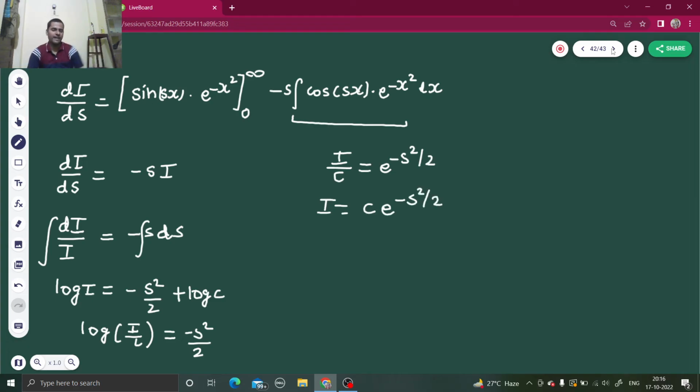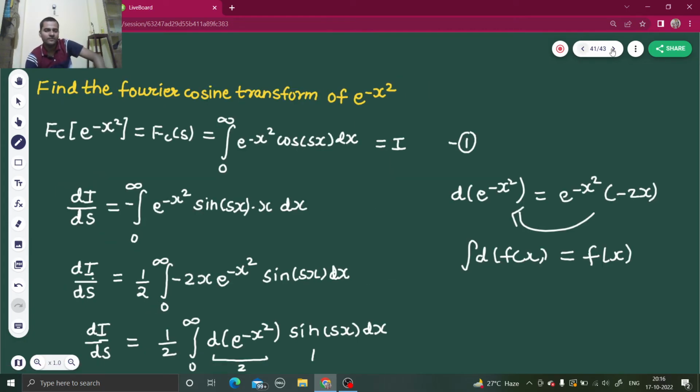Now if you want to find the value of constant, so put s equals to 0 on both sides. So you will have LHS I at s equals to 0, that we can calculate from the definition, and that is equal to e power 0 is 1, so this is c. I at s equals to 0 is, from the first equation, cos 0 is 1, so 0 to infinity e power minus x square.